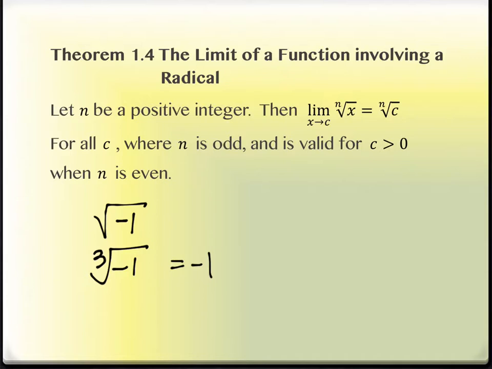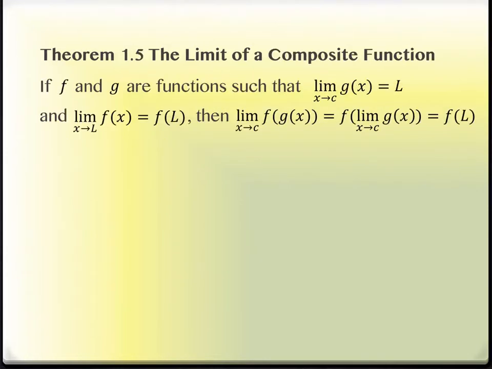That can't happen with even indices when we're working with radicals. So that's the condition here at the end: for all c when n is odd, for c greater than 0 when n is even. We're just making sure we get real numbers out of our equations. Okay, is everybody good on that? And then the last one for the theorem that we're going to encounter right here is the composite function.